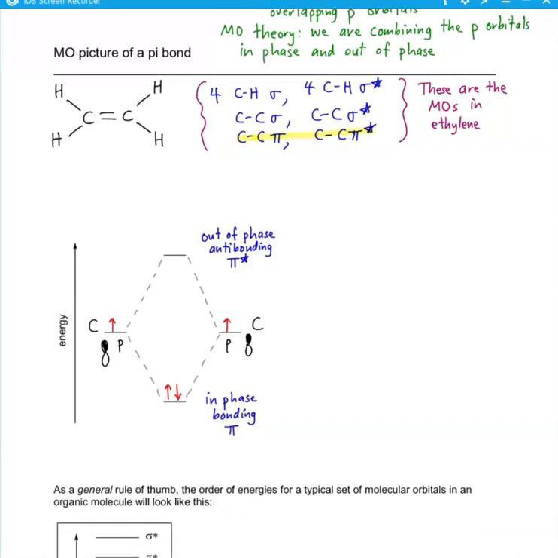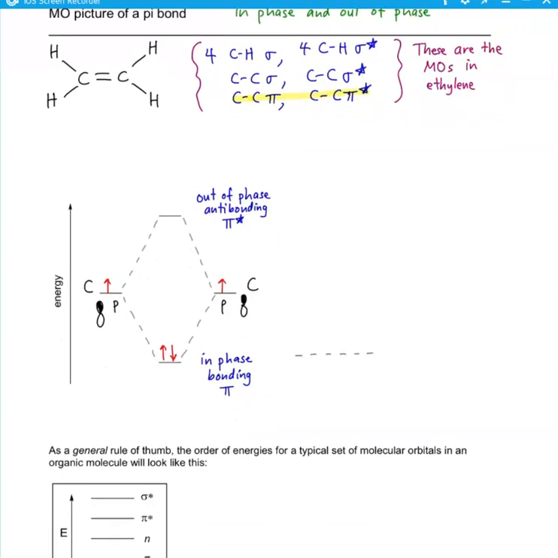Okay, now let's look at pictures of these orbitals. So starting with the bond axis, there's a couple of ways you can draw the pi bonding orbital. So you can draw two p orbitals really close to each other like this. I'm going to make the nuclei a different color.